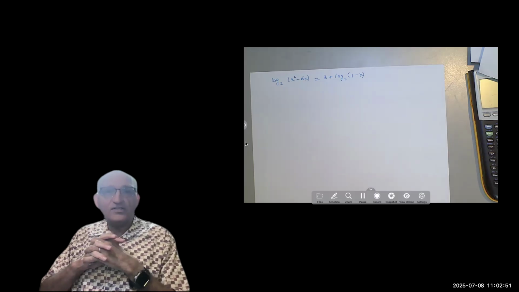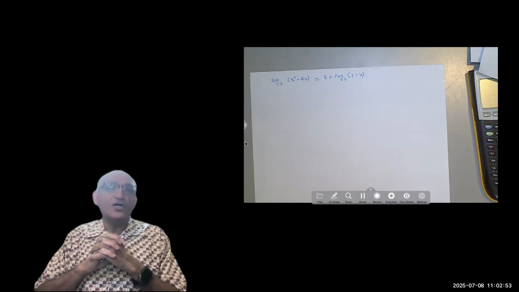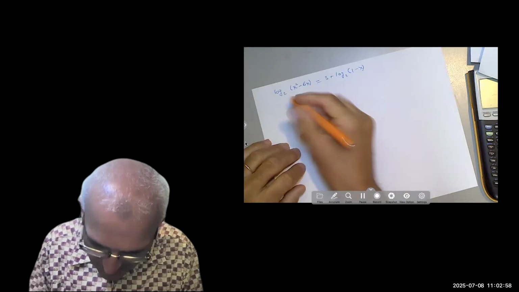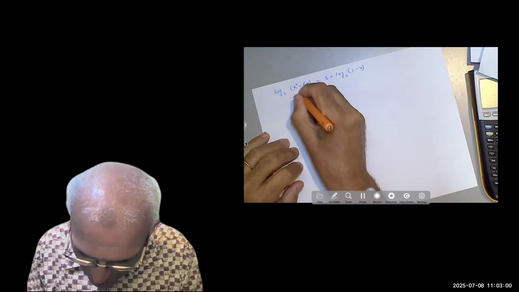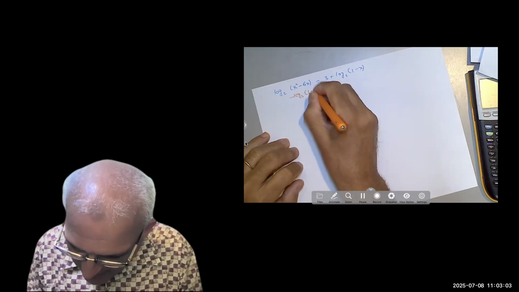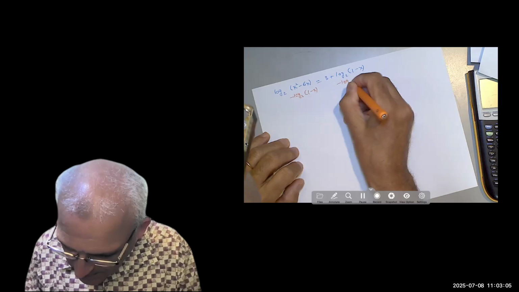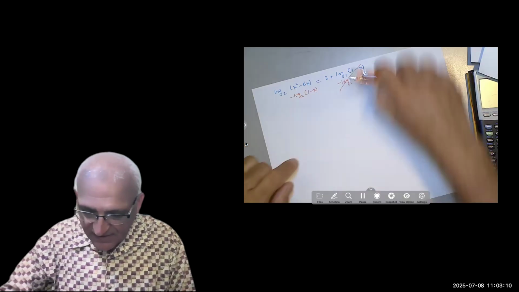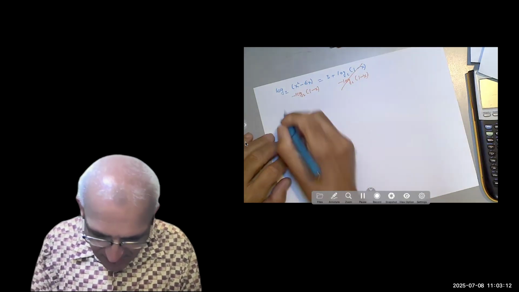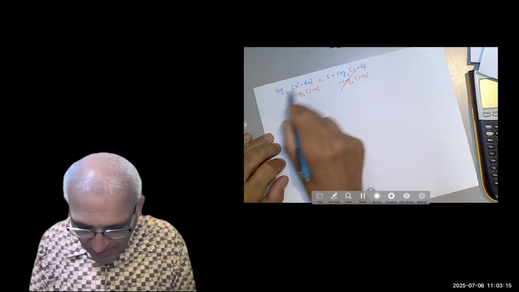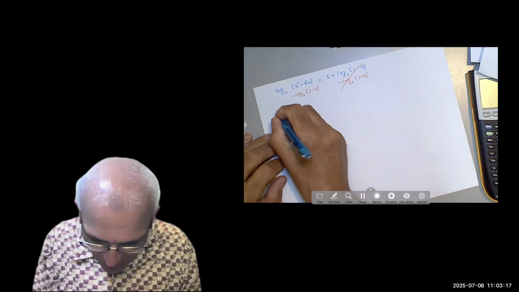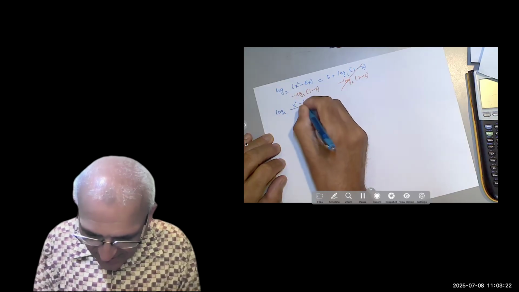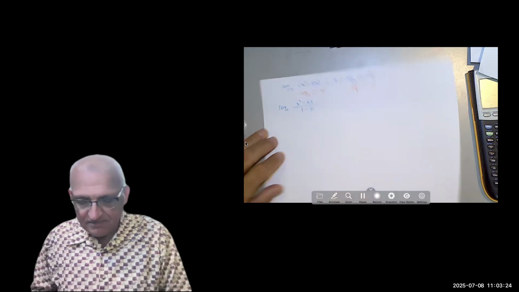Definitely, if you have logs and constants, you move the logs to the same side first. So I have to subtract log to the base 2 of 1 minus x from both sides, because otherwise you cannot proceed. The right side becomes 3, and the left-hand side can now be combined: a log to the base 2 minus a log to the base 2 equals log to the base 2 of x squared minus 6x over 1 minus x.